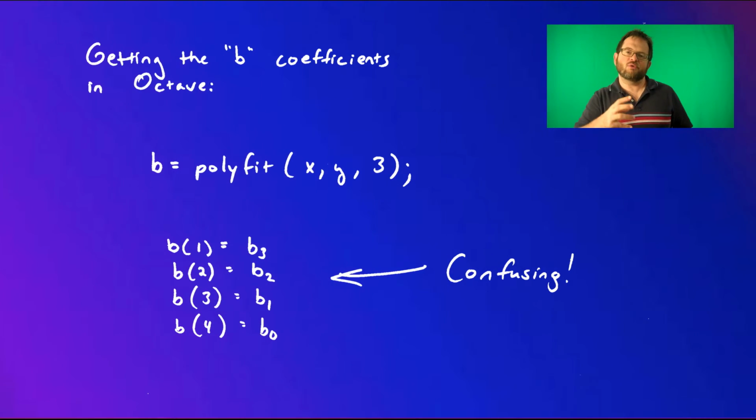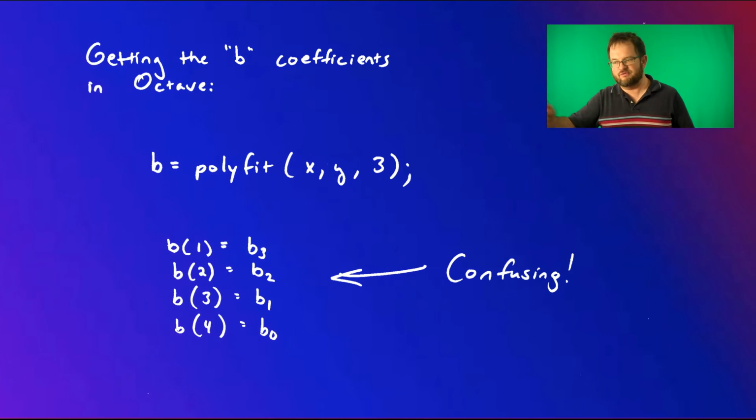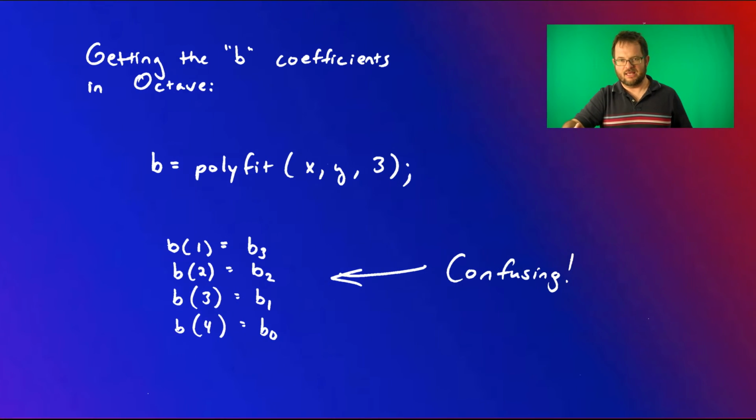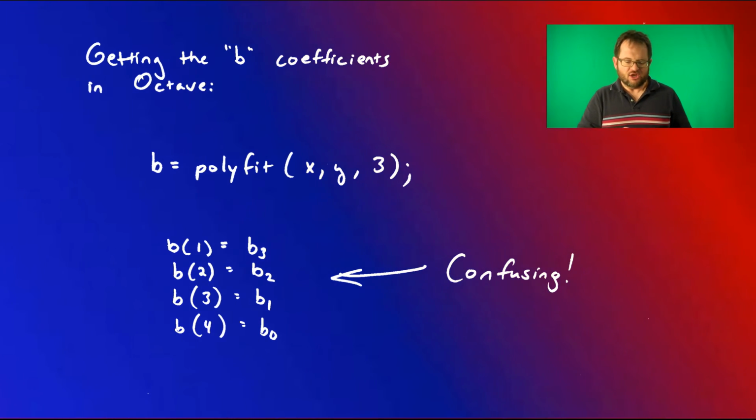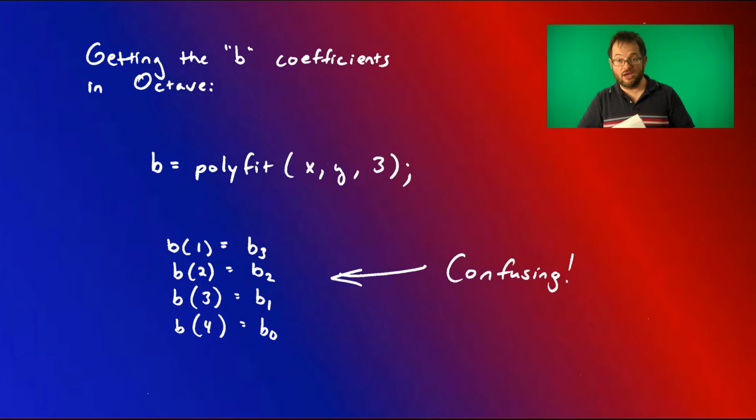For example, after you've run this polyfit command to get the third order polynomial, so you have just computed B0, B1, B2, and B3, it actually puts them in the opposite order in this B array. So the value in your variable B parenthesis 1 is B3.